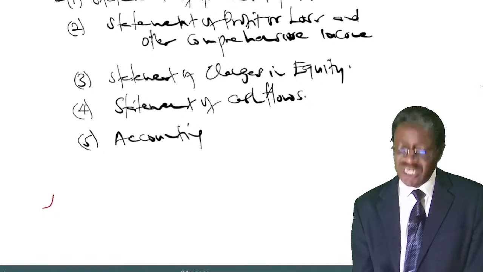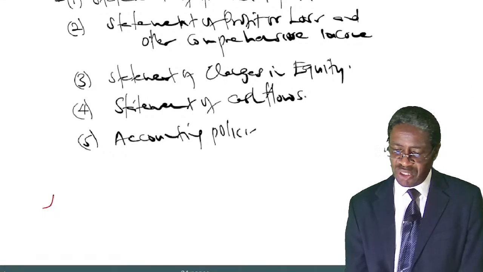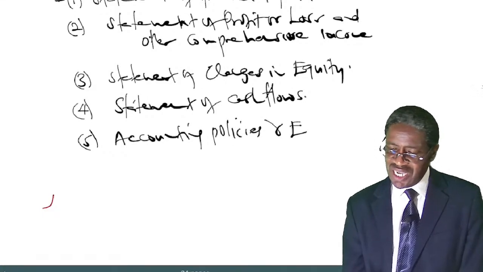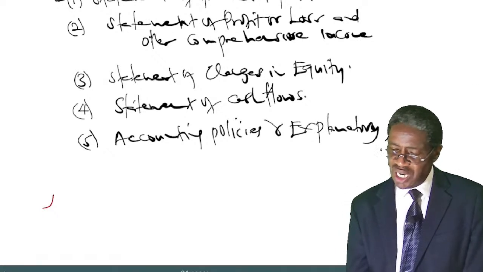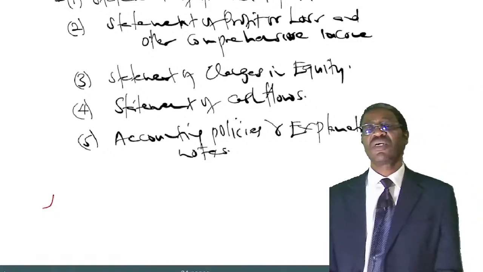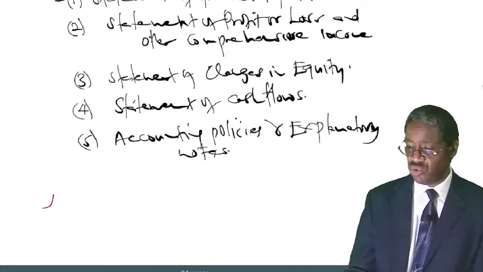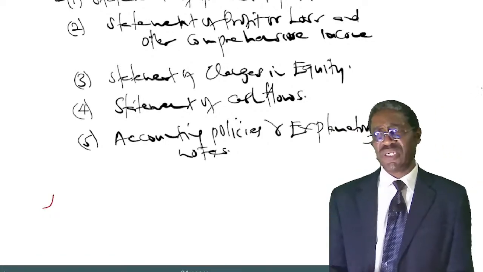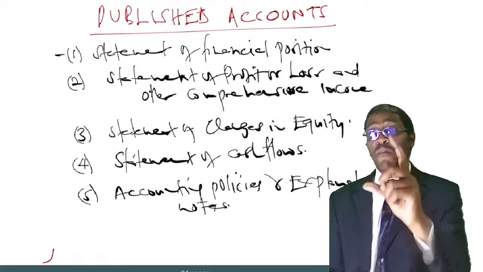You should include in your complete set of financial statements accounting policies and explanatory notes. We shall see how to prepare them and what are those explanatory notes that you should include. So those are the components of a complete set of financial statements for publication.